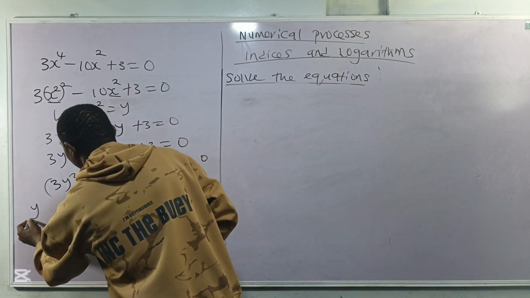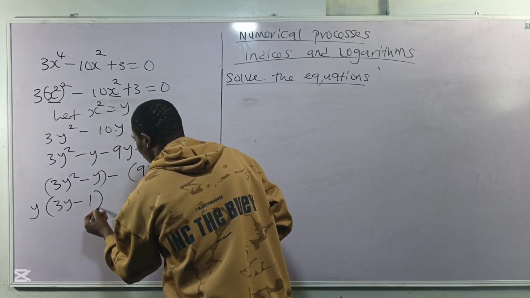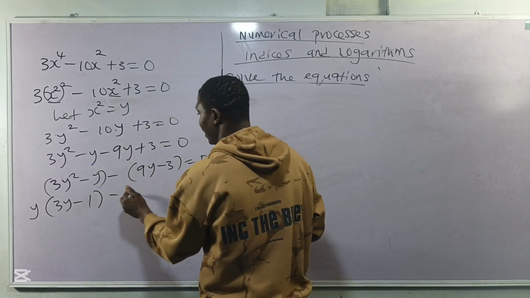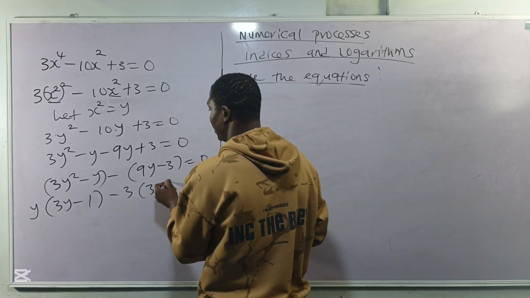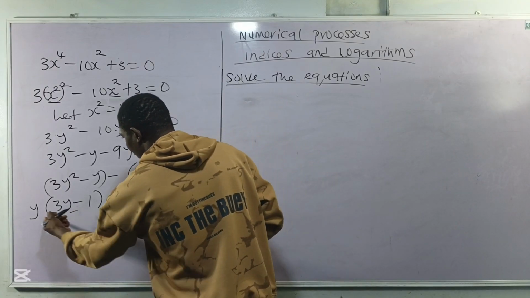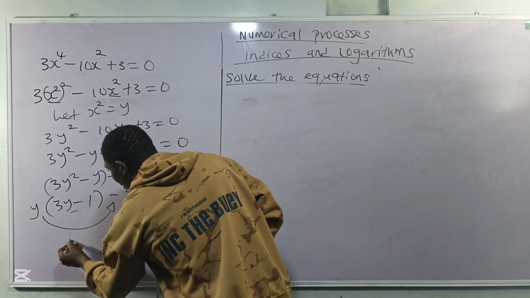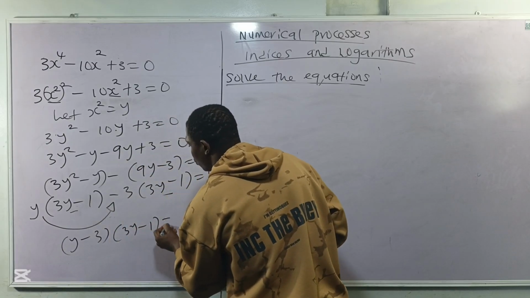If I put my y out, I will have 3y minus 1. Minus, what's common here is 3. I will have 9y divided by 3 gives me 3y, and 3 divided by 3 is 1, equal to 0. Since this and this are the same, I'll pick this, add it up with this to have y minus 3 in brackets, 3y minus 1 to be equal to 0.